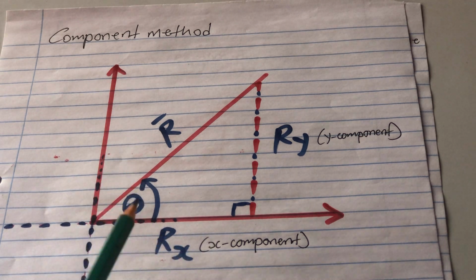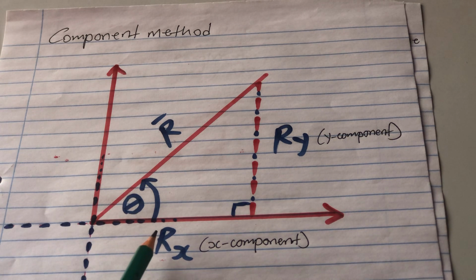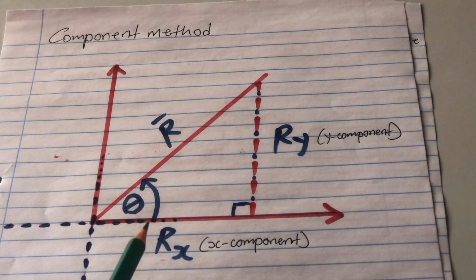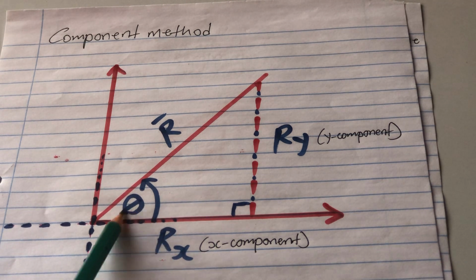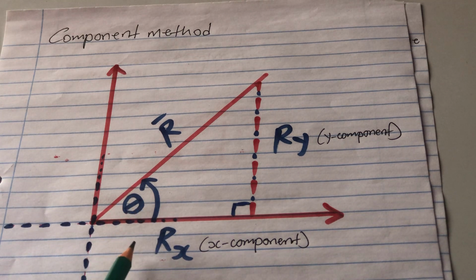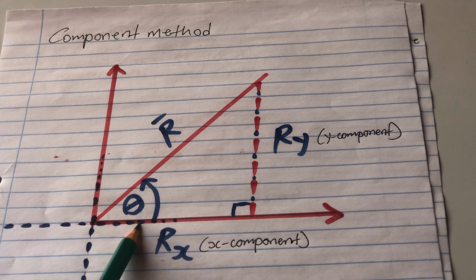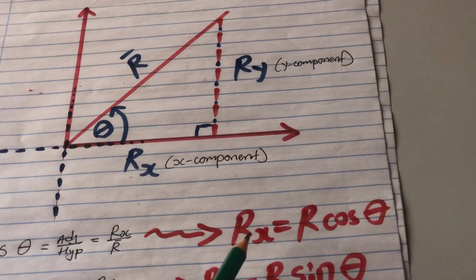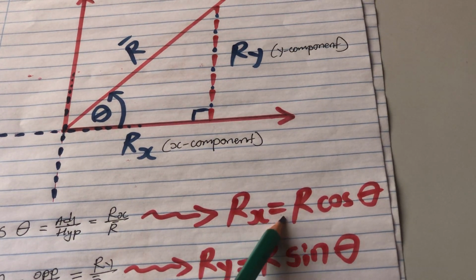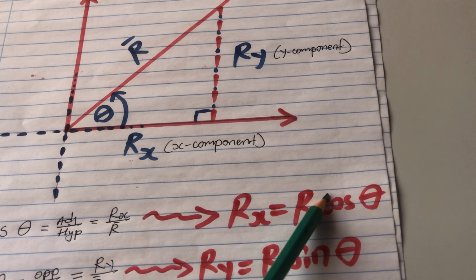The formula for finding Rx will include cos. For the side which is adjacent to angle theta, its formula will contain cos: Rx equals R cos theta.